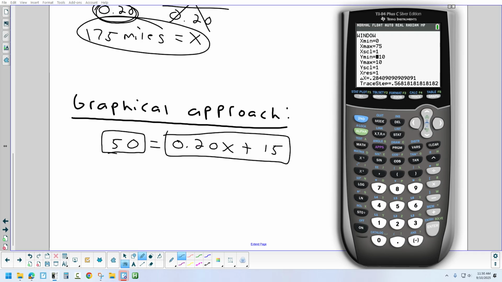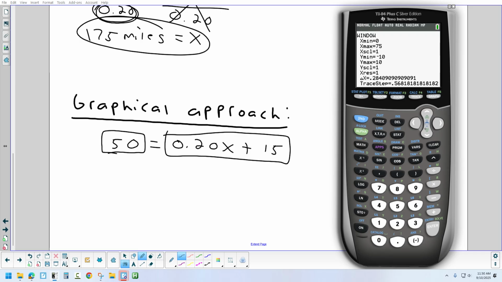Now, what did y represent, specifically in this problem? Y represented the final total of everything. Yeah, it was the amount of money you had to pay to rent the car. What's the smallest, well, let's start in general. What's the smallest amount of money that would make sense in any kind of problem?